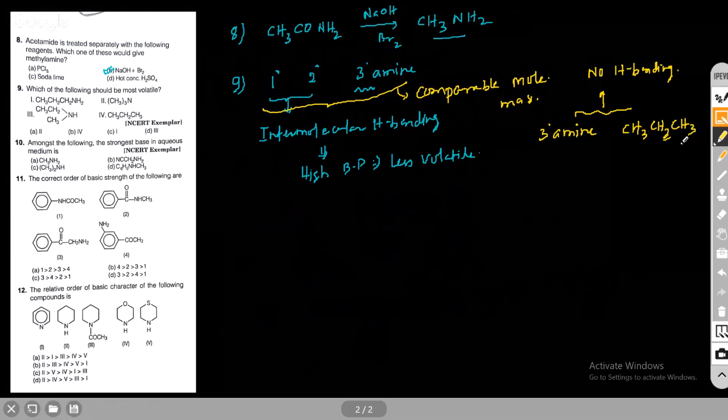But what we can say is that in 3 degree amine we have 3 carbon-nitrogen bonds, and hence this compound is comparatively more polar. And hydrocarbon, since all the carbon atoms are sp3 hybridized, is almost non-polar.